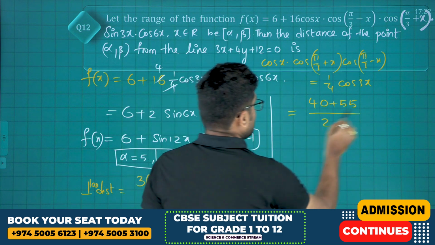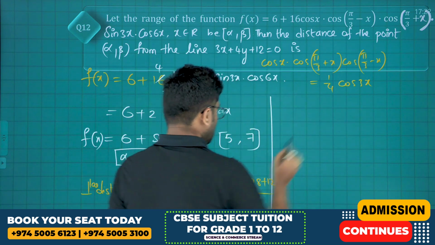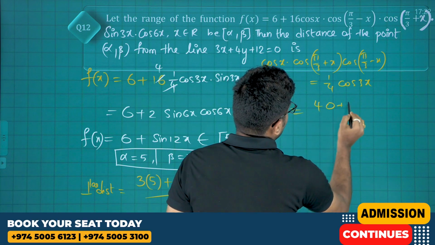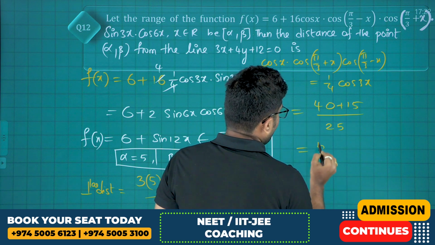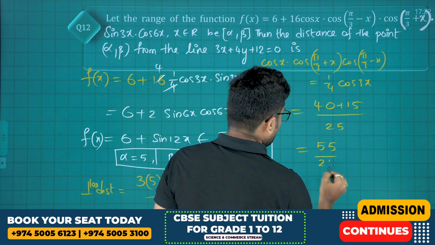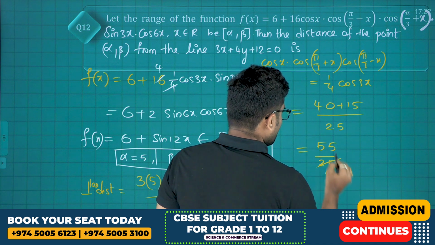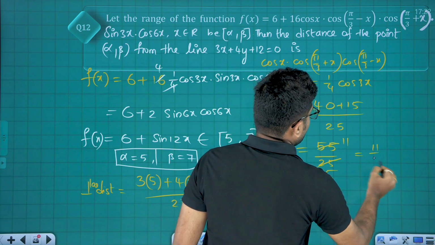15 plus 28 is 43... 40 plus 15, that is 55, divided by 25, that is 55 by 25, which is 11 by 5.